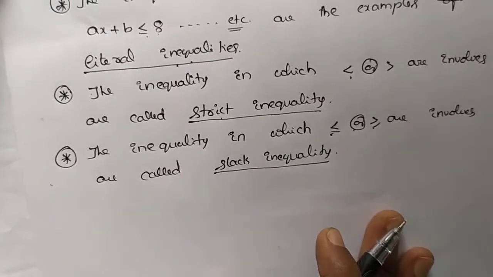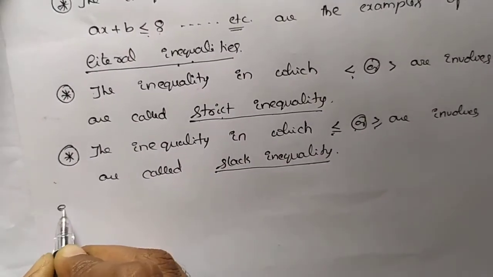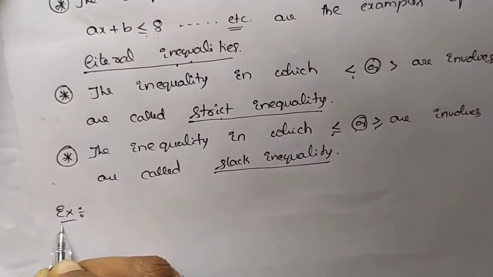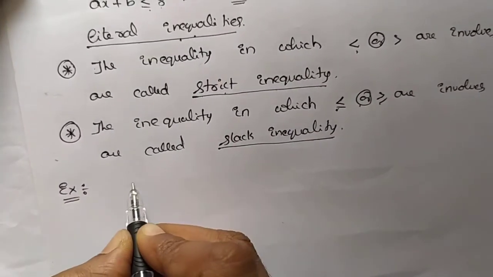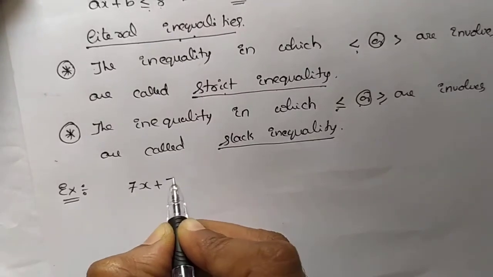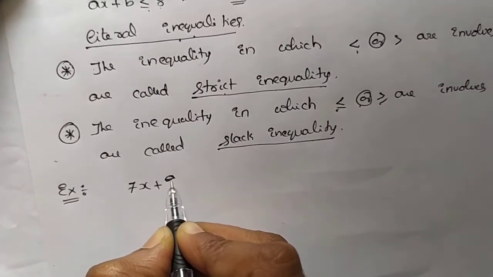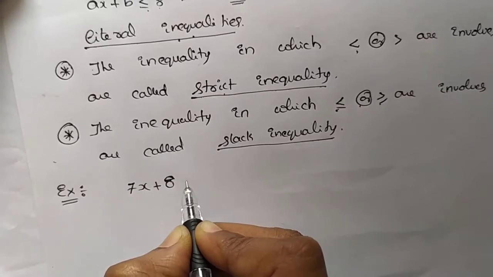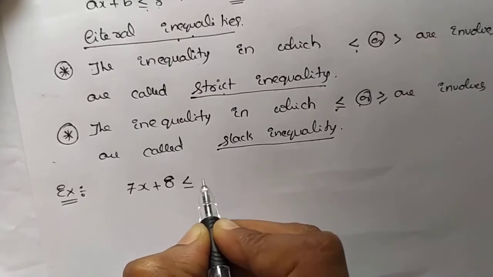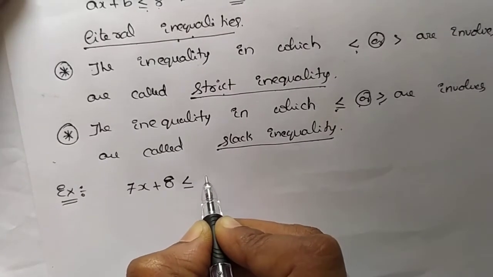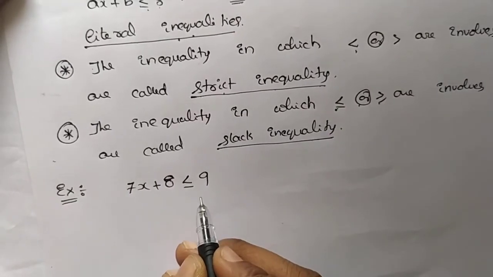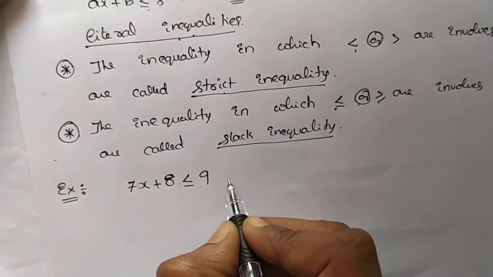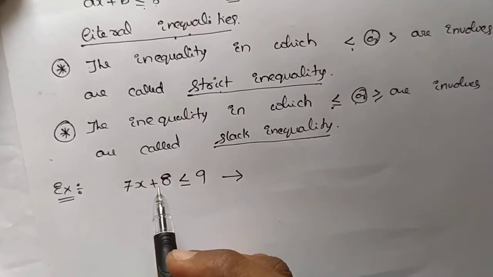If you want examples, let us take one example. 7x plus 8 is less than or equal to 9. Is this a slack inequality or a strict inequality? You just see the definition.